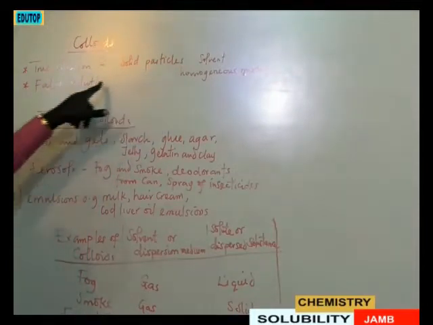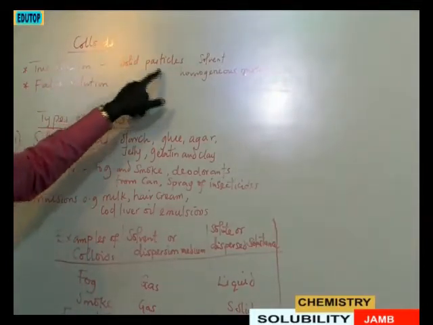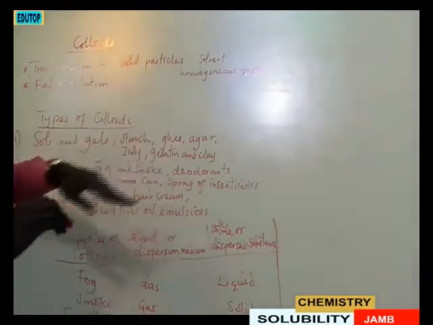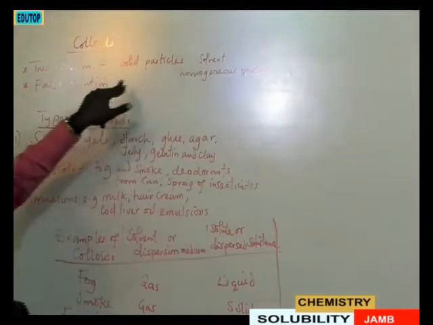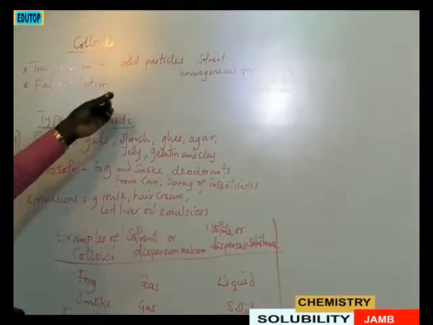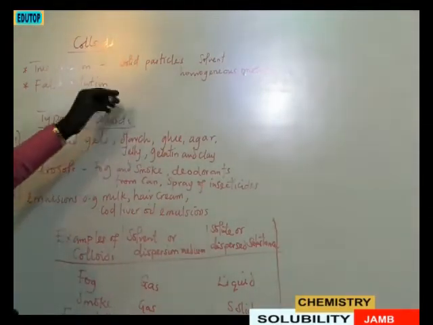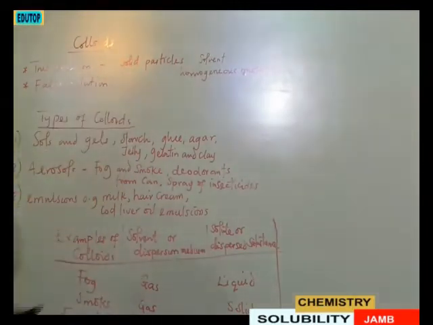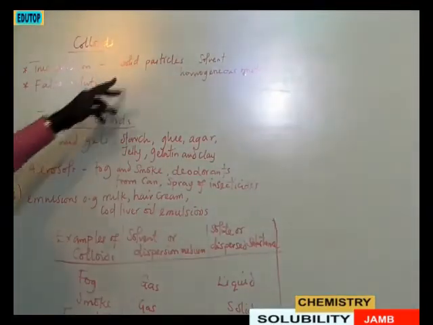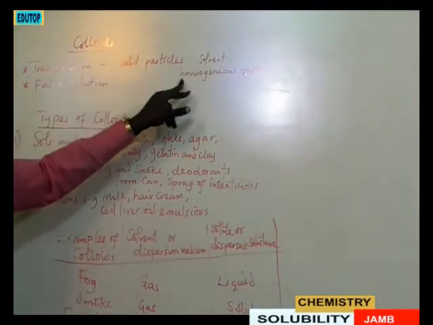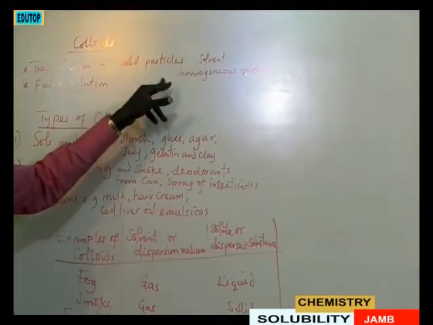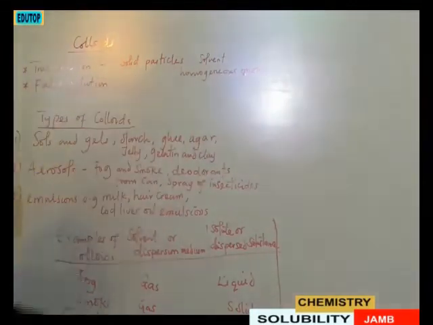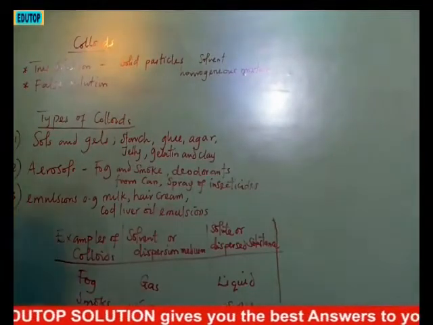The solid particles are unable to mix effectively with the solvents, and at the end of the day, we will be able to observe some particles with our naked eyes. So that is just the major difference. You have a homogeneous mixture as the resultant product here, but here you have a heterogeneous mixture as the resultant product.